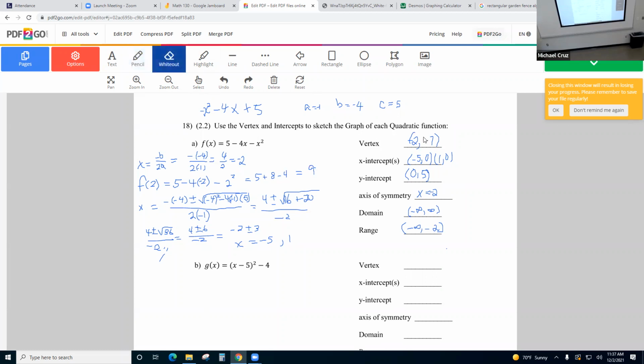And also, now that I did that, I was thinking one more thing. The range is the y. So 9 is the highest it will ever get.